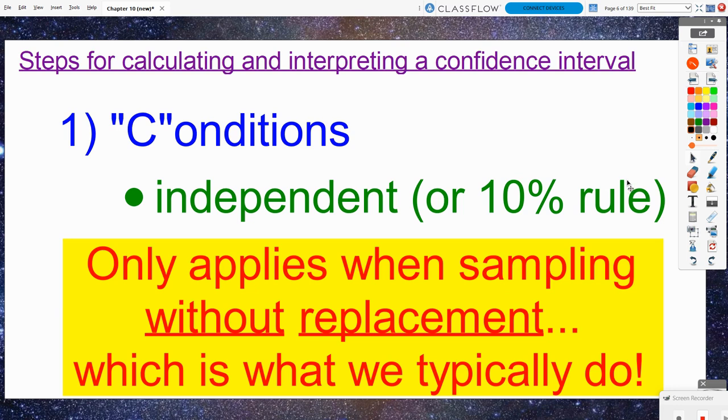And remember that the independent condition technically only applies when we sample without replacement, which is typically what we do, right? When we sample from a population, we don't put the things or the individuals back into the population for the chance to be reselected again. Typically we don't want the same person twice in our sample. So if we sample without replacement, we have to check the independent condition.